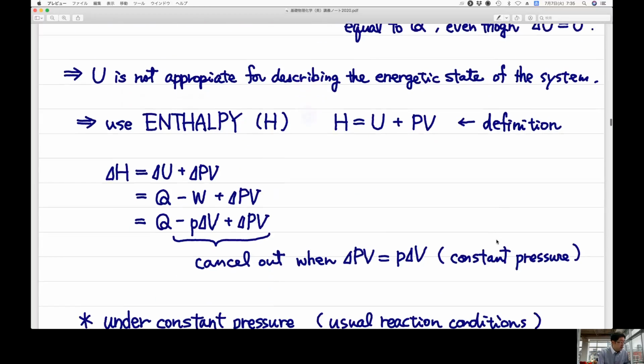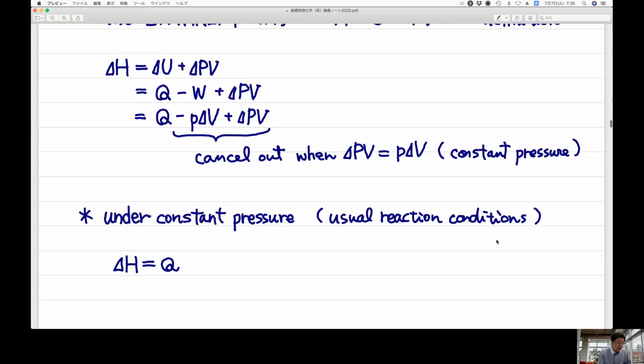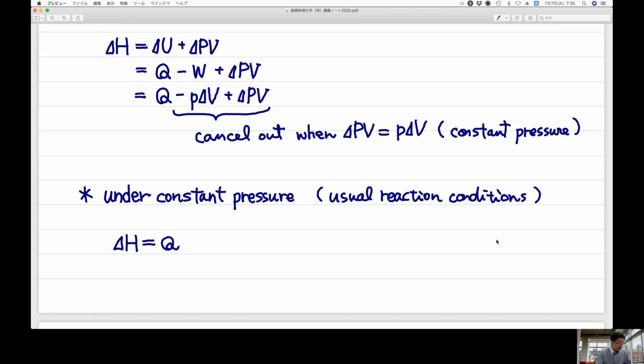Okay, this is a very important idea to understand enthalpy, and maybe you can understand why enthalpy is very useful. You can access the value of enthalpy by observing the change of the heat contents.